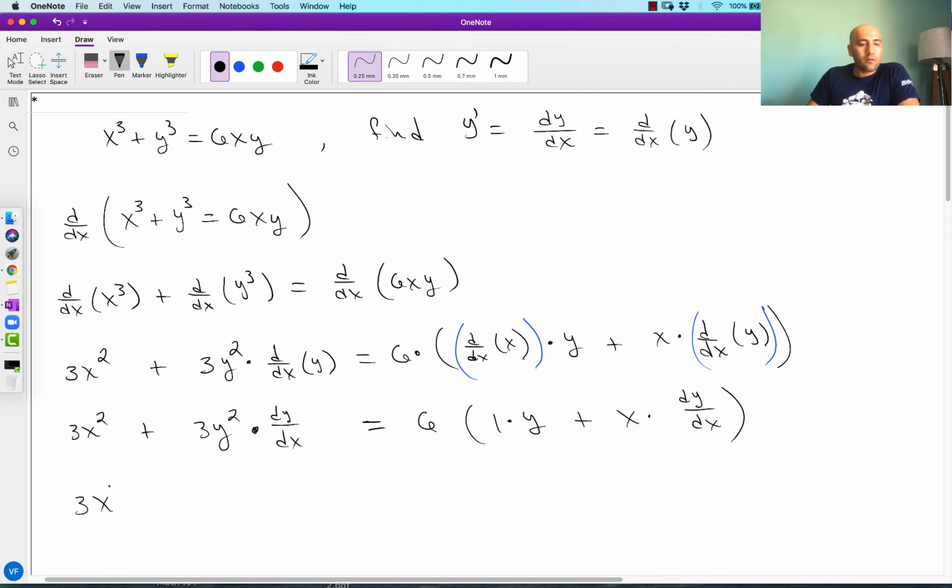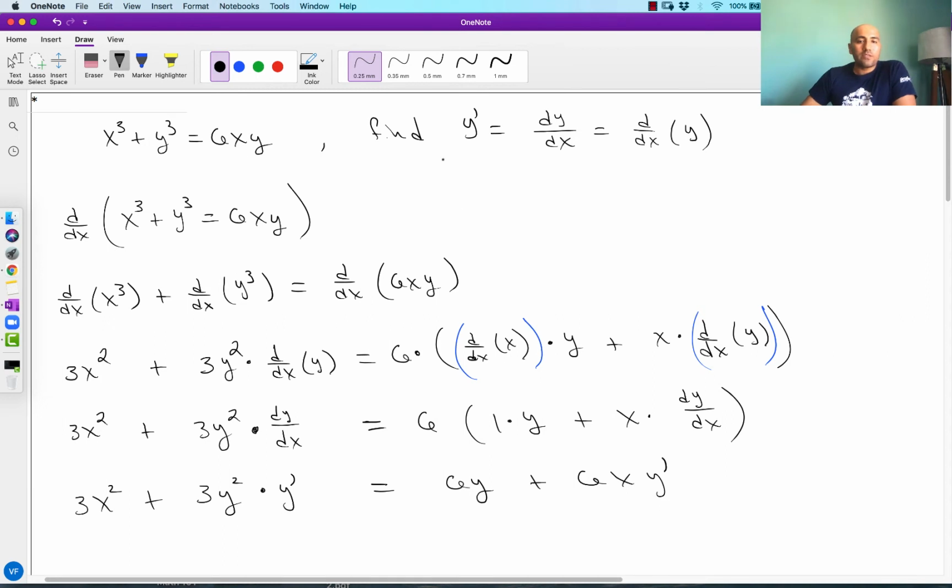But you can leave it alone if you'd like to. This is y squared times y prime equals 2. And I'm going to go ahead and distribute this 6. This will be 6y plus 6xy prime.